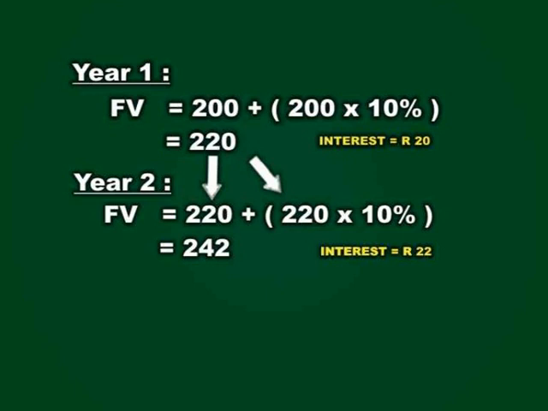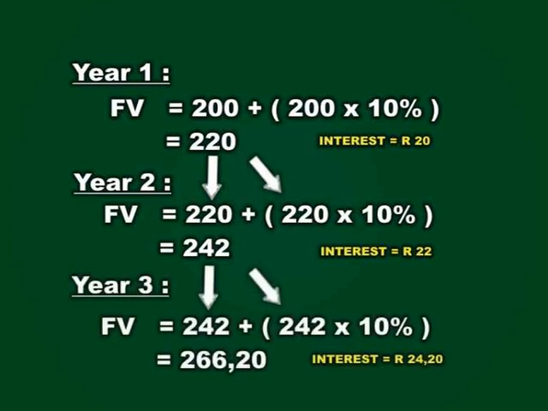The money was valued at 220 Rand at the end of the first year, which means that you are going to be charging your friend 10% on 220 Rand. 10% of 220 Rand is equals to 22 Rand, which means that for the second year, the interest you are charging is 22 Rand. That means that at the end of the second year, your 200 Rand present value is now worth 242 Rand.